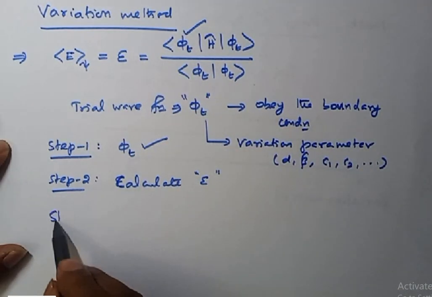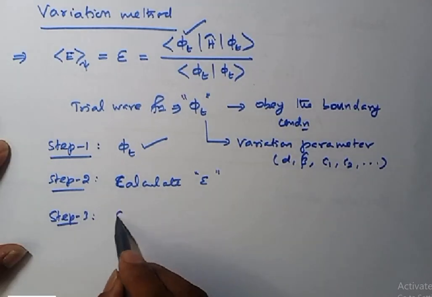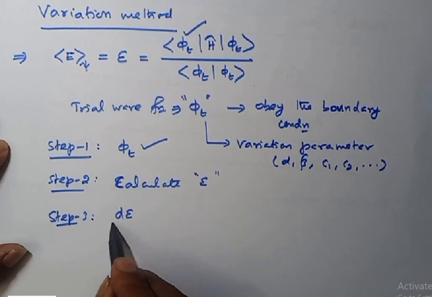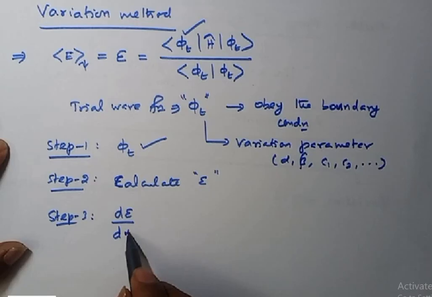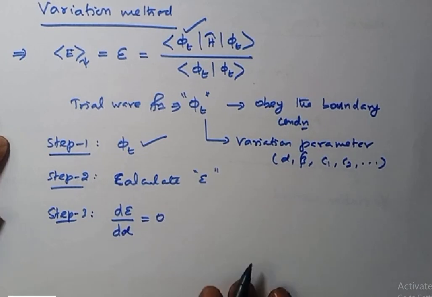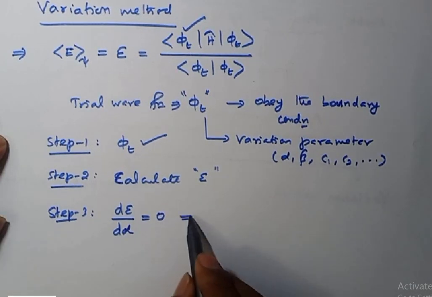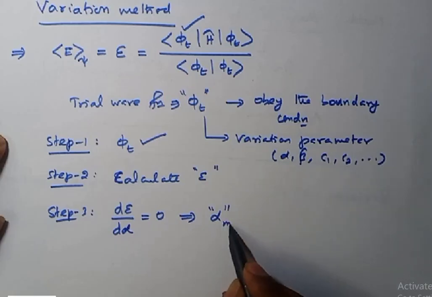So what is step 3? Step 3 is to find the minimum value of expectation energy. For that, you have to differentiate this E with respect to the variation parameter. Suppose I take one variation parameter alpha. Differentiate E with respect to alpha and put the value equal to 0. You will get one particular value of alpha that gives the minimum possible energy, so I'll call it alpha minimum.